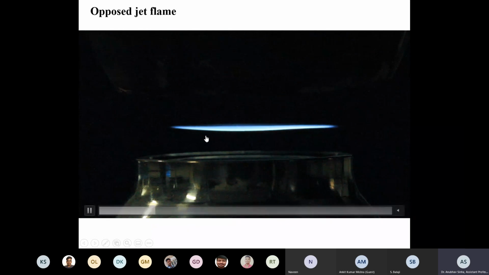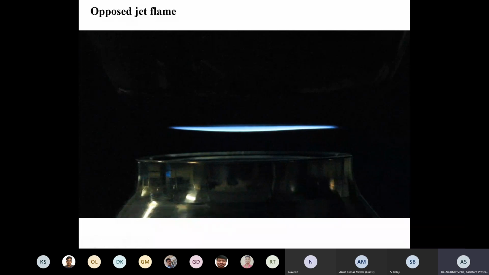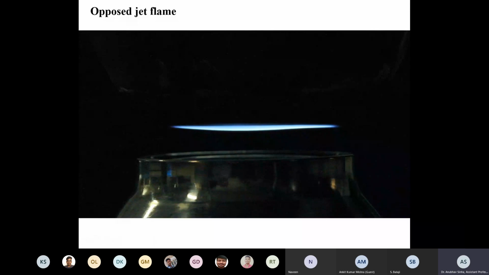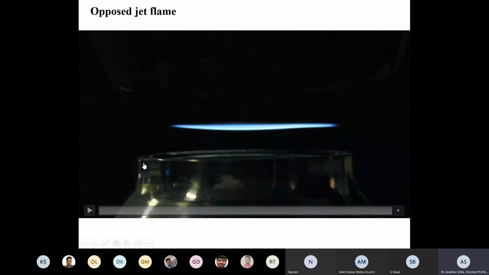See how stable this flame is. This is one of the most ideal or standard flames used for different fundamental studies. What you see is the burner: opposed jets, two jets coming. This is one side of the burner, and there is one more which is not seen because of darkness.